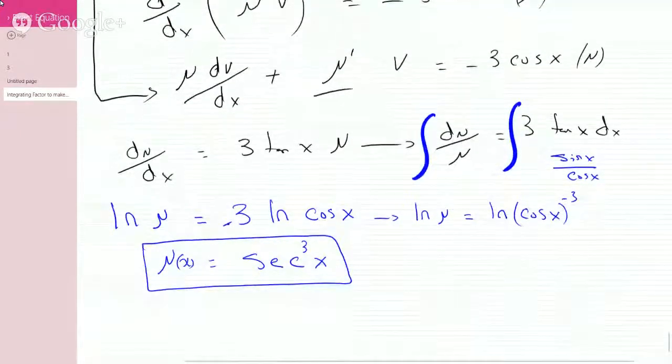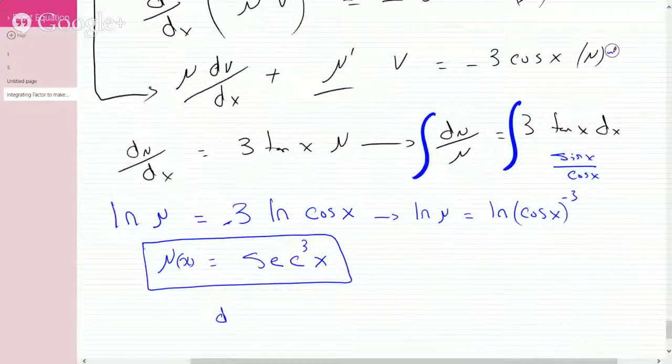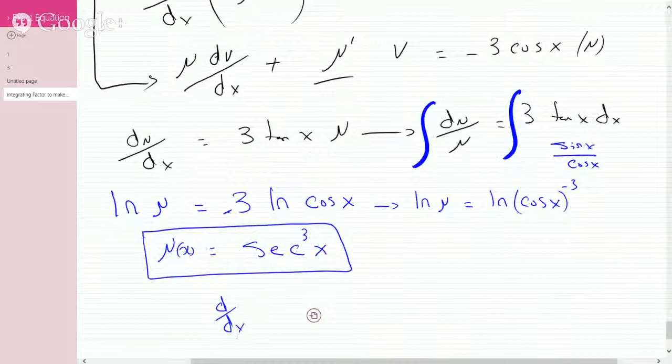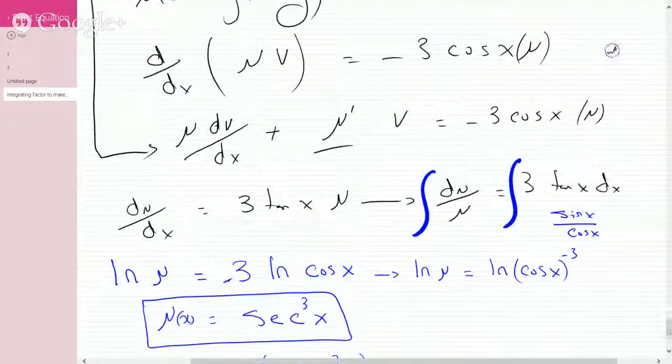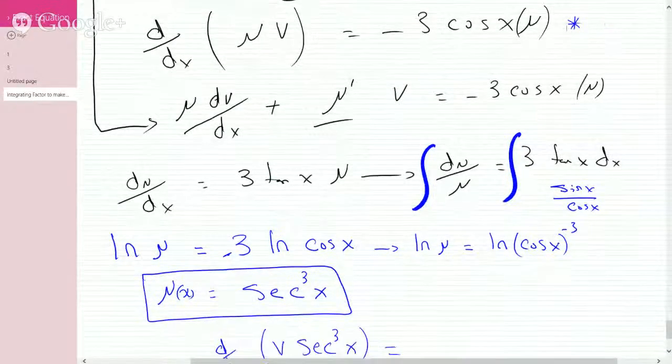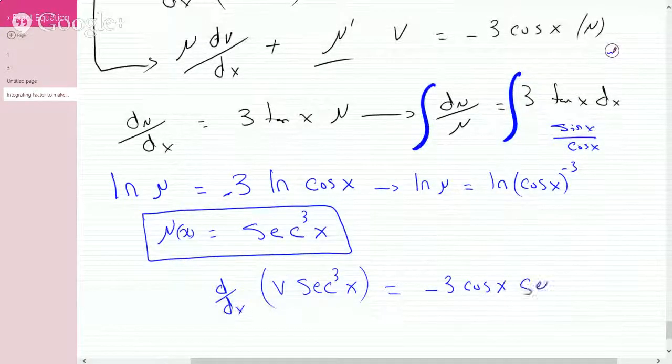So now we're going to plug that back in there. So we're going to get d over dx of v times secant cube x is equal to, so I'm plugging this here on this one, minus 3 cosine x times secant cube x.